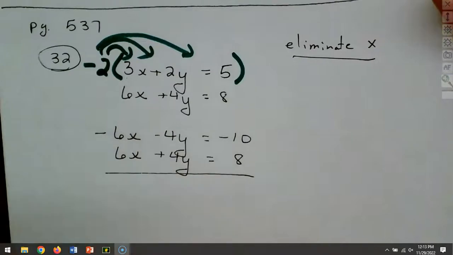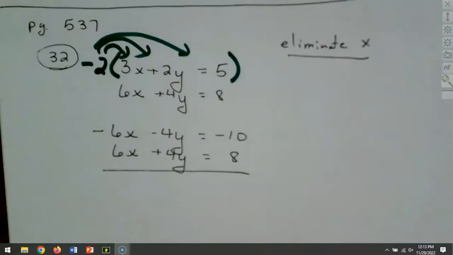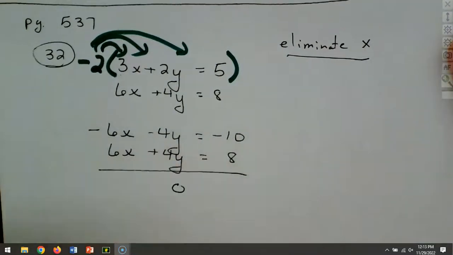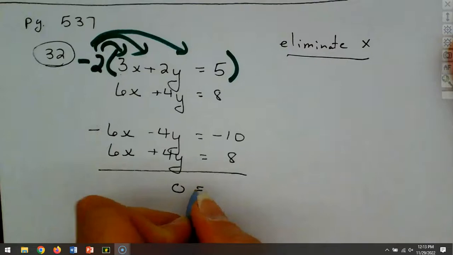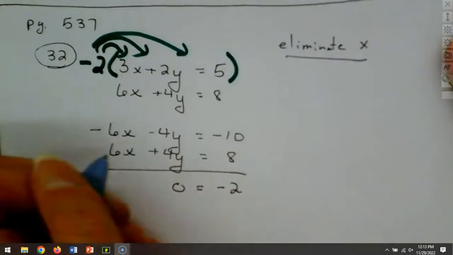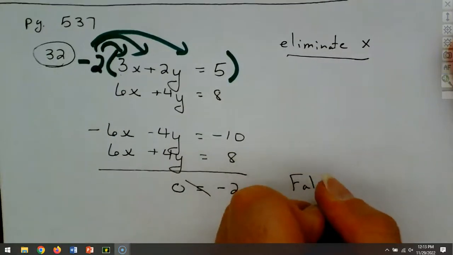Now, how is this one different from the others? Well, when I add down, what's going to happen on the left-hand side? Everything goes away, and that leaves you with 0. What about the right-hand side? Negative 2. Does 0 equal negative 2? No, this is false, right?